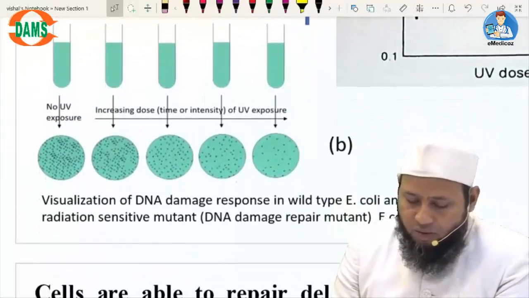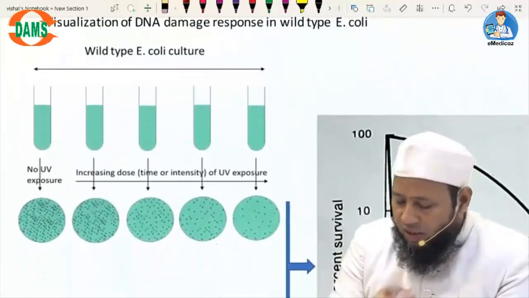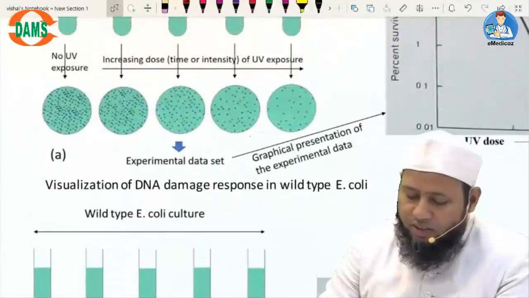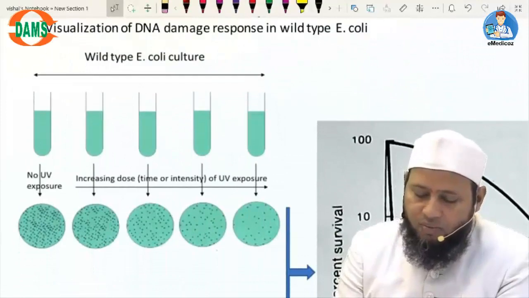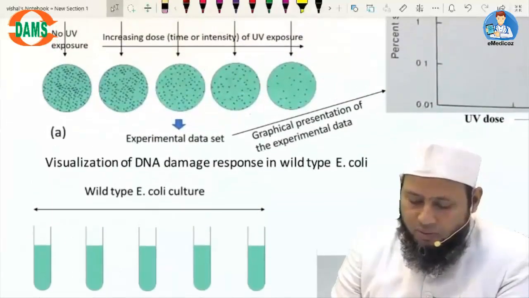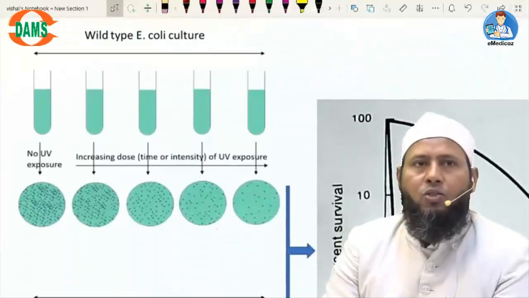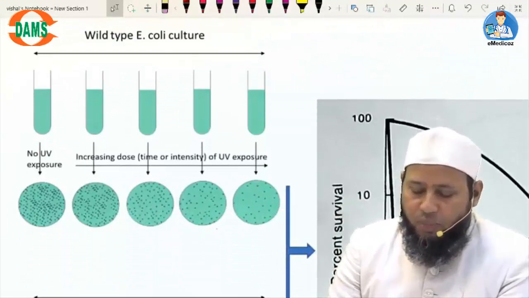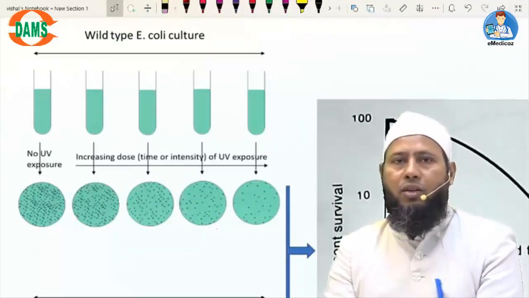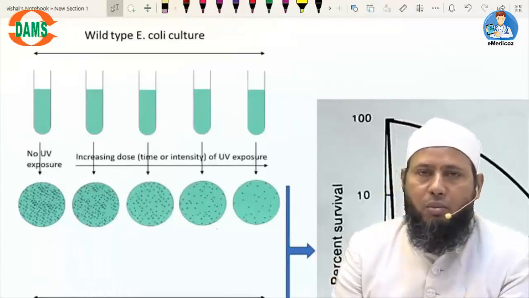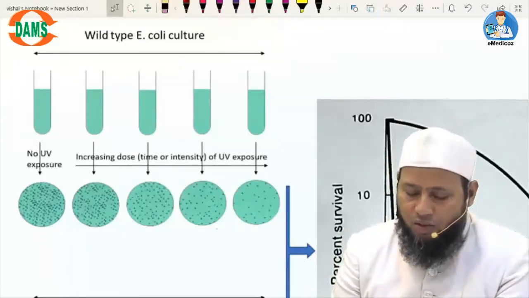Next, what you do now is the same thing, but it is not a wild type culture; it is a mutagen sensitive culture.